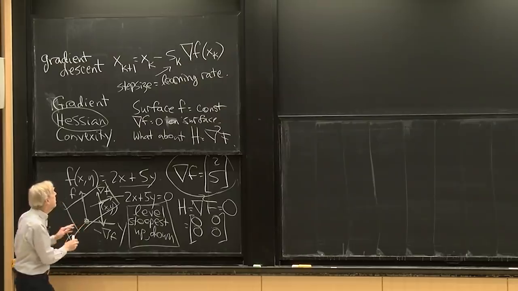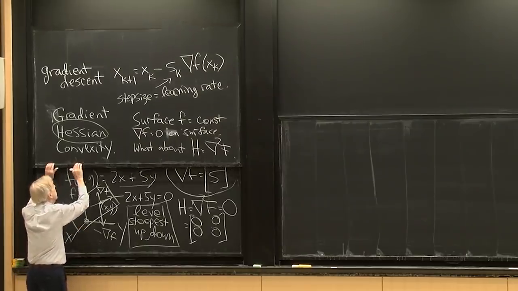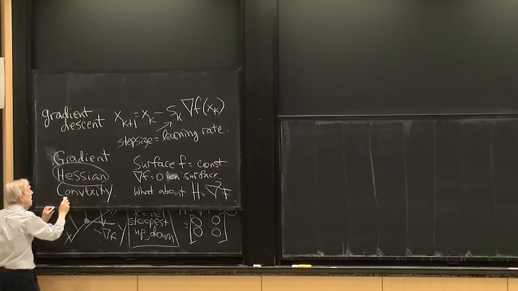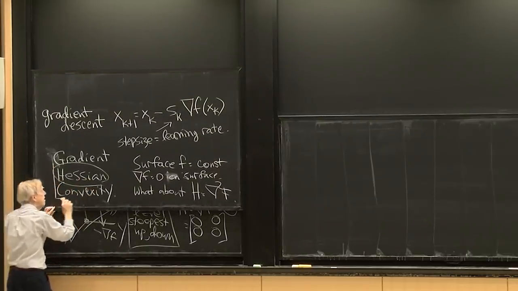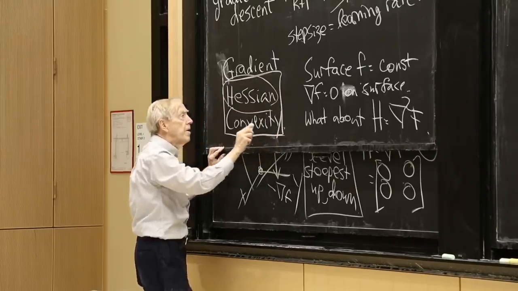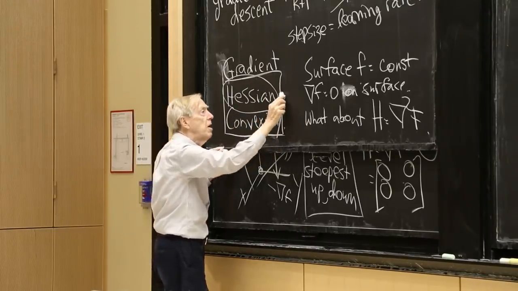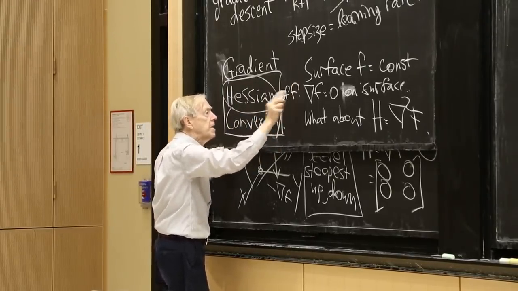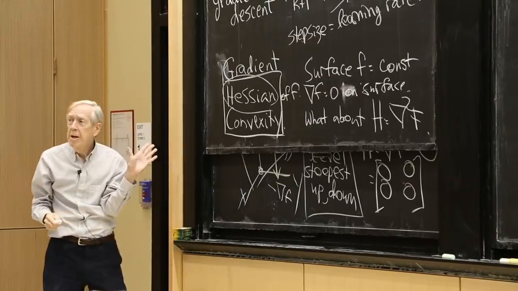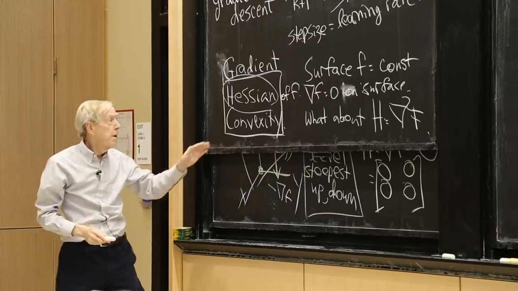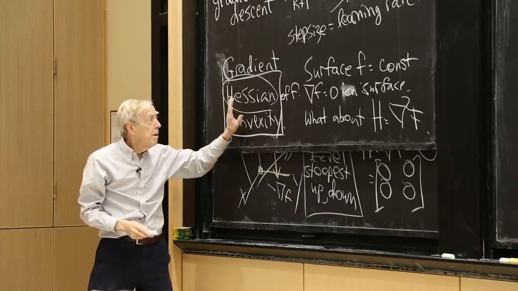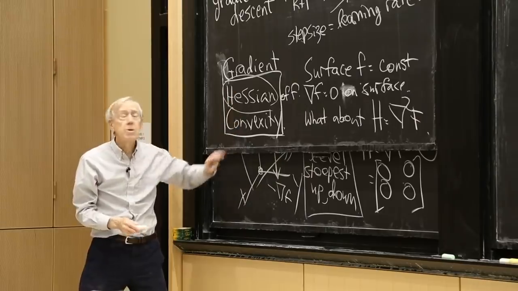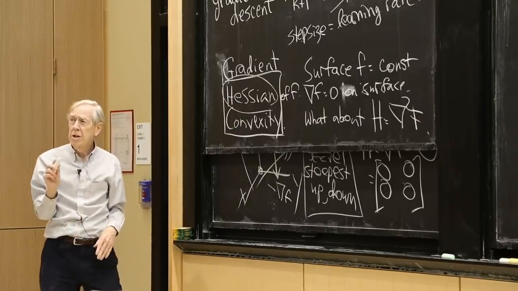so I just want to make that connection now. What's the connection between the Hessian and convexity of the function? The point is that the Hessian tells me whether or not the surface is convex.